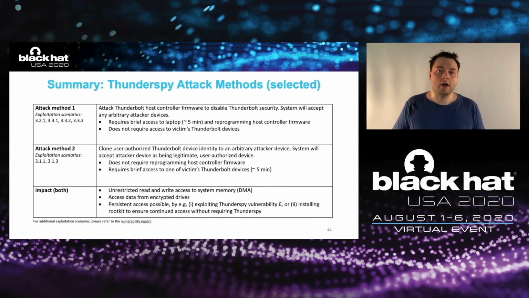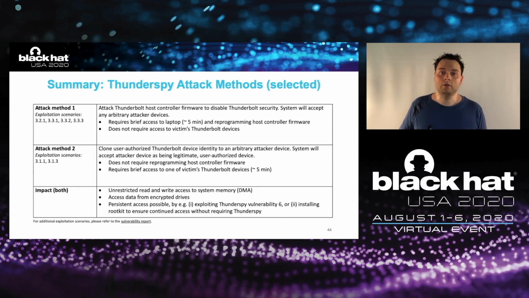So to summarize, the Thunderspy attack methods can be divided in 2 categories. The first attack method requires only brief access to the laptop, only 5 minutes to reprogram the host controller firmware. It does not require any access to victim devices.